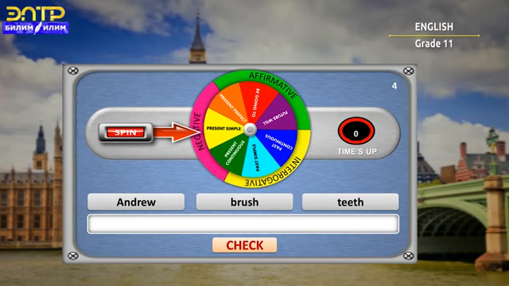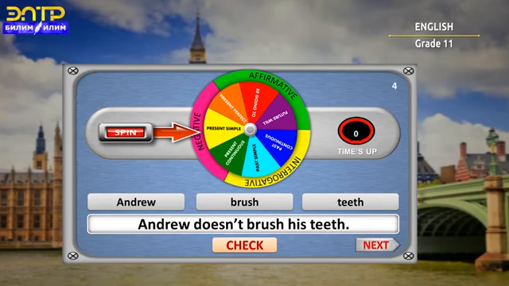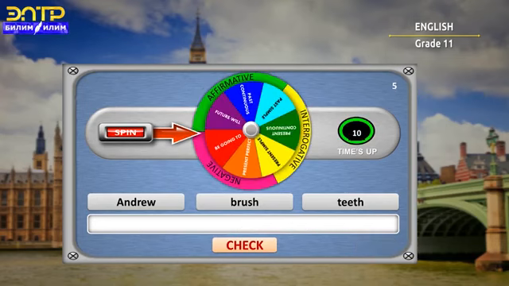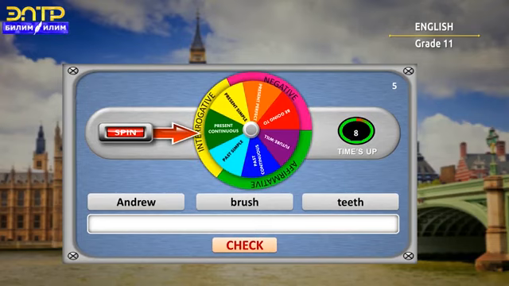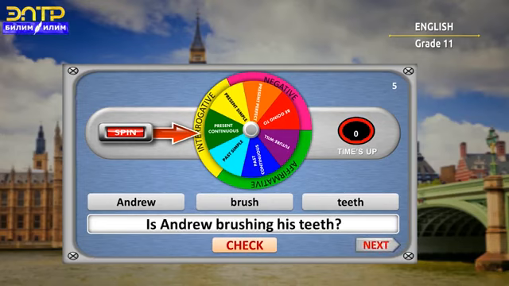Let's check. Andrew doesn't brush his teeth. It is a present continuous interrogative sentence. Is Andrew brushing his teeth?